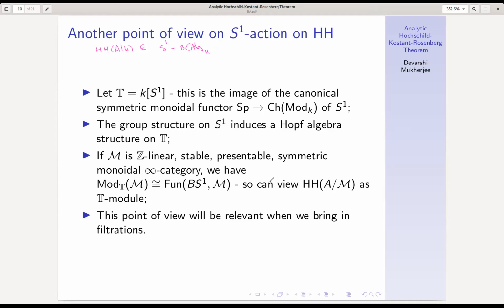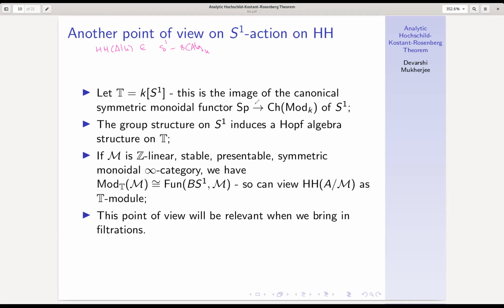Okay, but for what I'll do next, I want to represent this functor category, that is functors from BS1 to simplicial commutative algebras, in a slightly different way. Now, if you know this statement from, say, representation theory, then you know that group actions on some module is the same thing as module actions over the group.